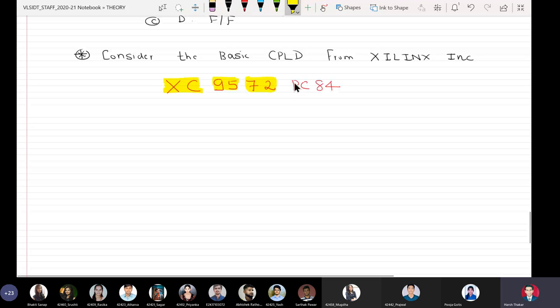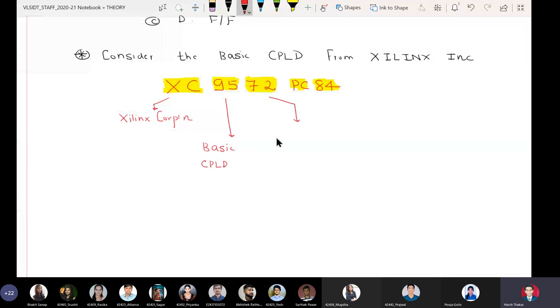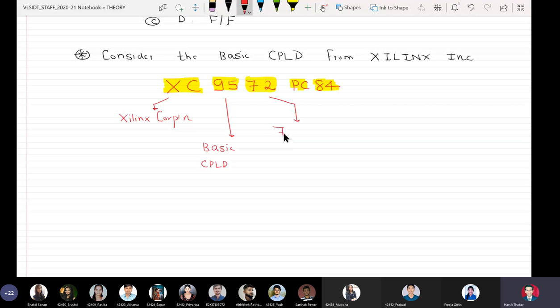So we have many fields here, PC, and we have 84. This indicates it is a basic CPLD. Yeah, this is important. This 72 indicates that the device contains 72 macro cells.